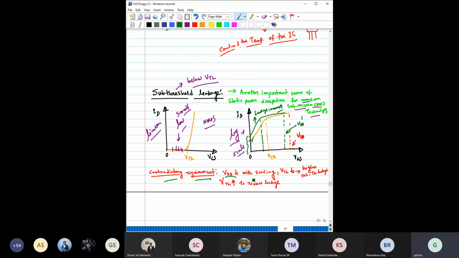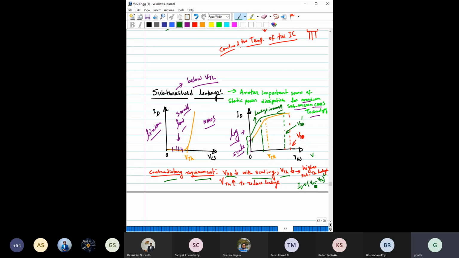So you have to reduce VDD with scaling. When you reduce VDD, you have to also reduce threshold voltage, because if you do not reduce it, remember the current ID is proportional to (VGS minus VTH) squared. Say we are considering the long channel, but just to give you an idea. What is VGS?